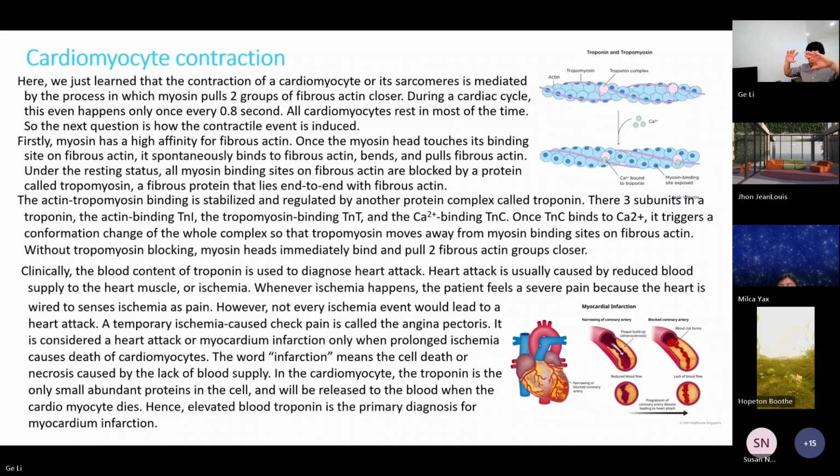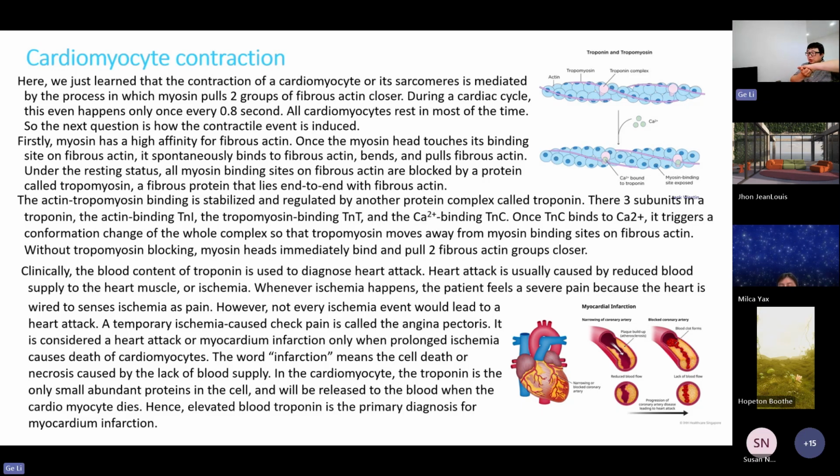The myosin and actin are next to each other. The interaction between the myosin and actin can happen automatically. Whenever the myosin can directly bind to the actin, it automatically drags actin inward to make the sarcomere shorter. So how do we regulate muscle contraction?